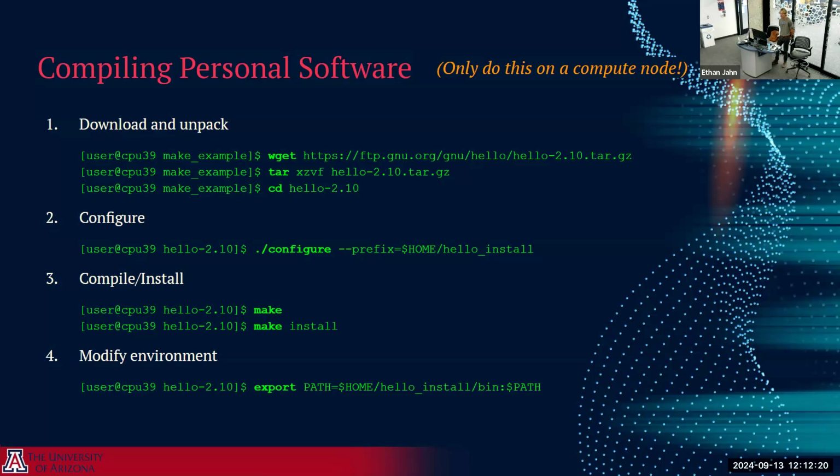So I could be in my X disk, I could be wherever, and I would still have those executables available without having to point to the full path. So this is the general roadmap for compiling personal software on the HPC. That configuration step there is potentially one of the more important ones, so be aware of that.